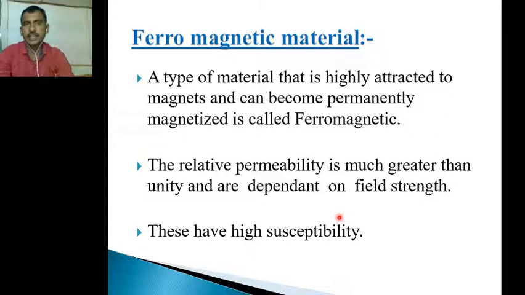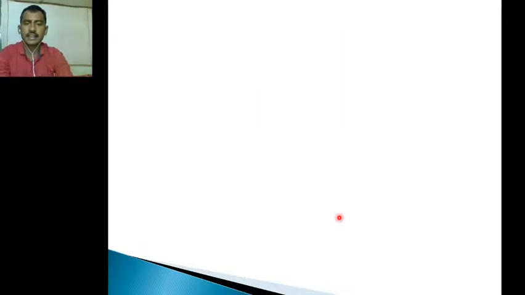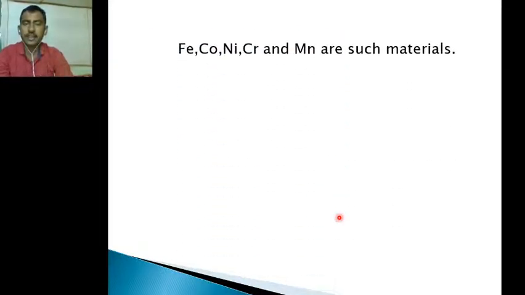Susceptibility means the attractive or repelling nature of a material. If a particular material has an attracting nature, the susceptibility is positive, and if it has a repelling nature, the susceptibility is negative. The various types of ferromagnetic materials are iron, cobalt, nickel, chromium, manganese, etc.